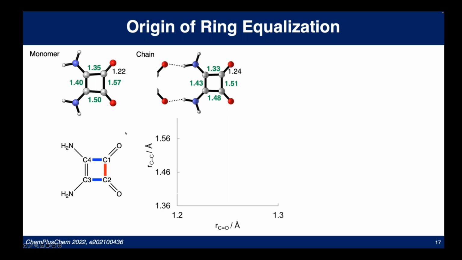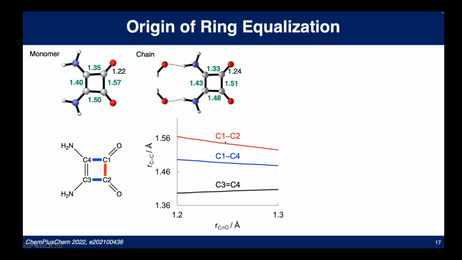By making the CO distance longer, we saw that the change is not so much in the C3, C4, also not in the C1, C4, so the two blue ones, and also not in the C1, C2. So what we see here is that the C1, C2 is the one that reacts most to the CO elongation.